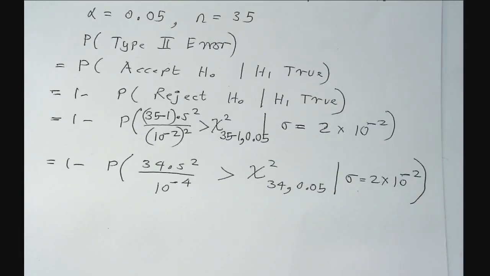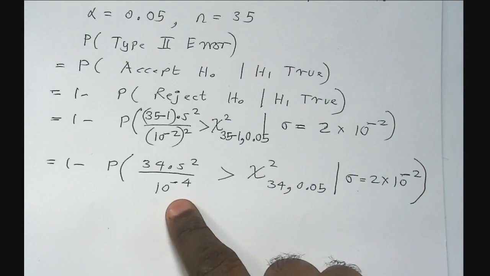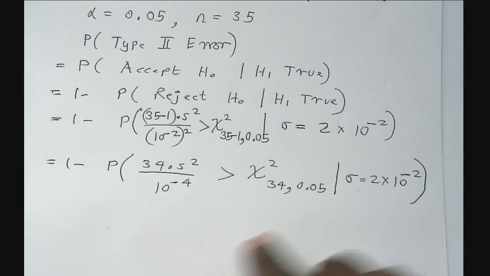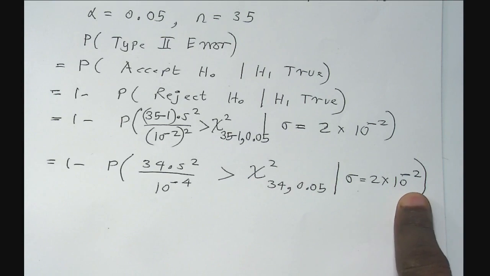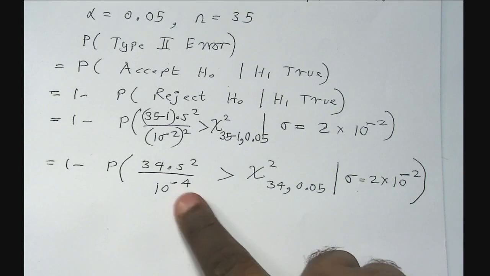Now one thing you must note here is that 10 to the power minus 4 is sigma 0 squared. It's not the true variance. Sigma is the standard deviation, so the variance is sigma squared. If you square this, what you get is 4 times 10 to the power minus 4, which is not the same as this.